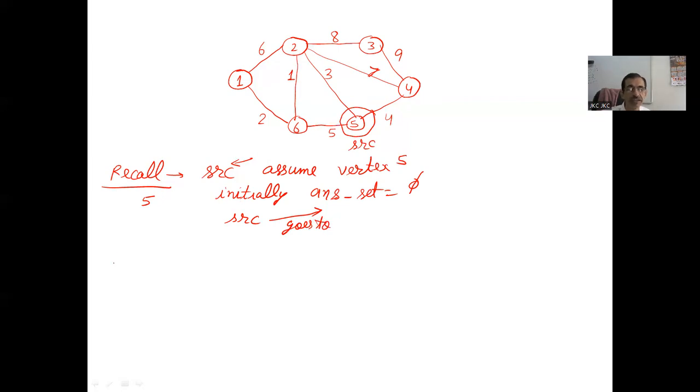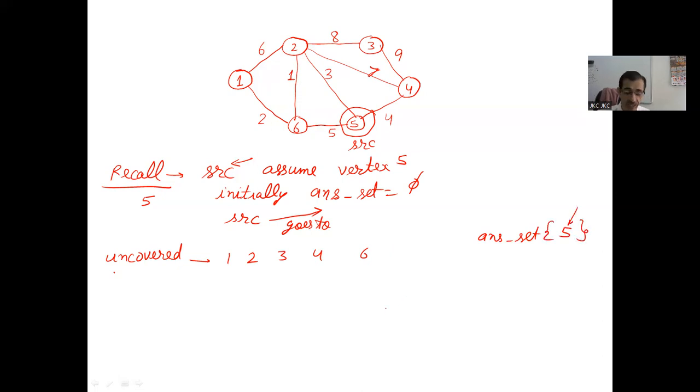So my uncovered vertices, except the source, will be 1, 2, 3, 4, 6, as 5 will go there. And my answer set initially was empty, and later I got 5 as a source.